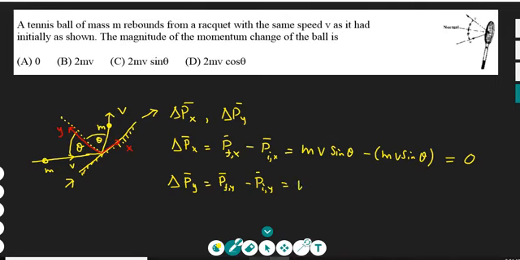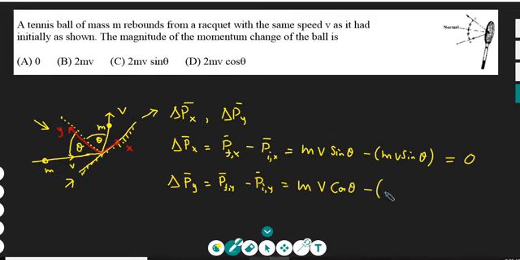So that would be mv cosine theta minus, because there's a minus sign, and then look at the initial linear momentum along the y direction. Actually, it's a component that is opposite to the way we define our y direction. It's like in this direction.